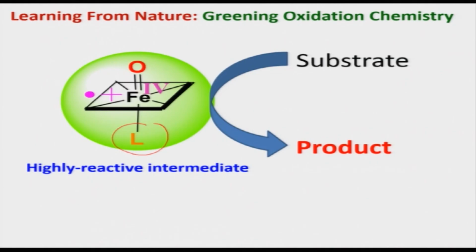Now, we can make use of this process. We also can learn from such catalytic activation of hydrogen peroxide for a large variety of transformations that the enzymes have been doing forever.